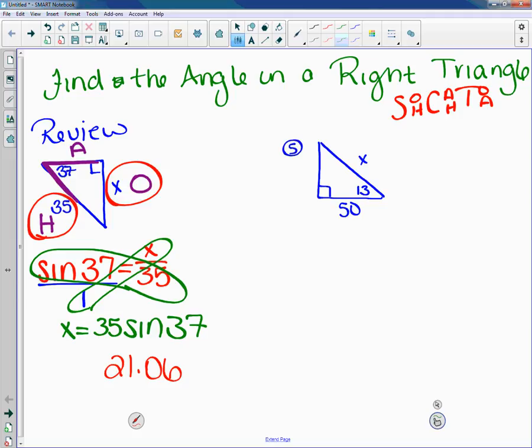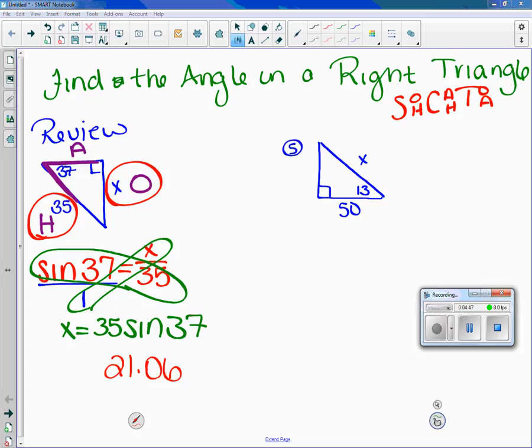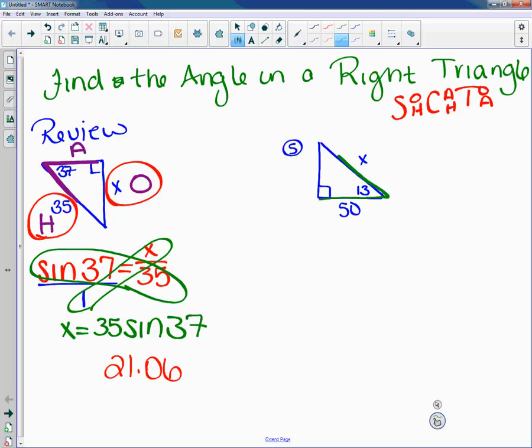Now, I want everybody to go ahead and do the next problem. Review it and try it, using sine, cosine, and tangent. This one is different because it's written a different way.